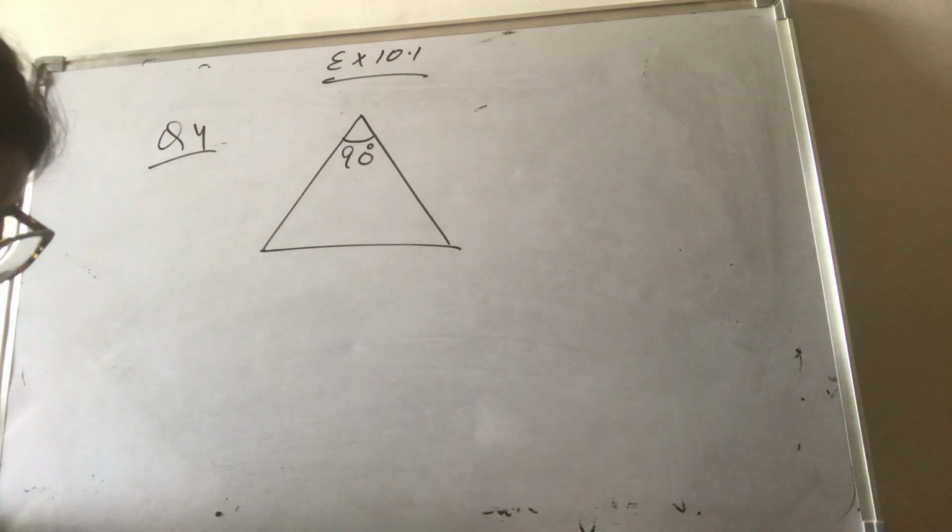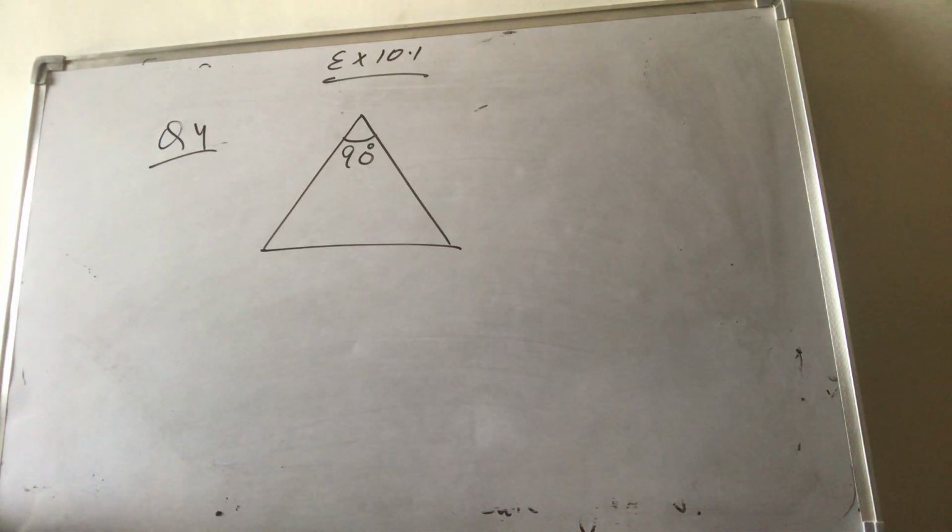And isosceles triangle, we know that isosceles triangle is a triangle in which two sides are equal. So this is the property that in a triangle in which two sides are equal, the angles opposite to them are also equal. Means two sides are equal, then angles opposite to these two sides will also be equal.